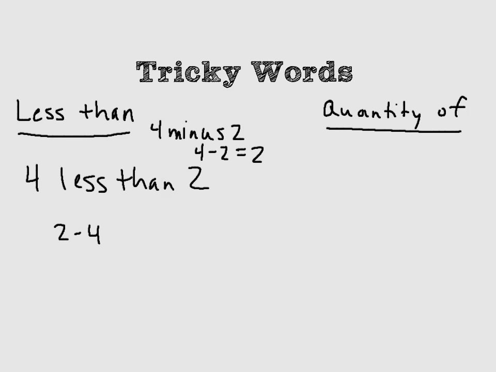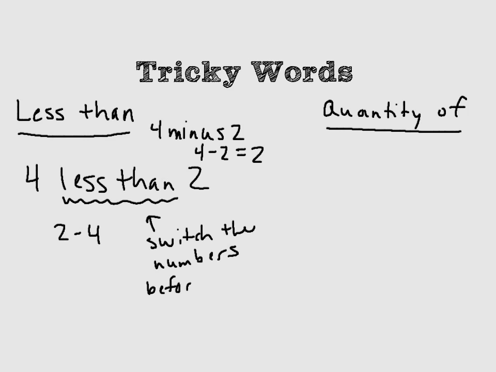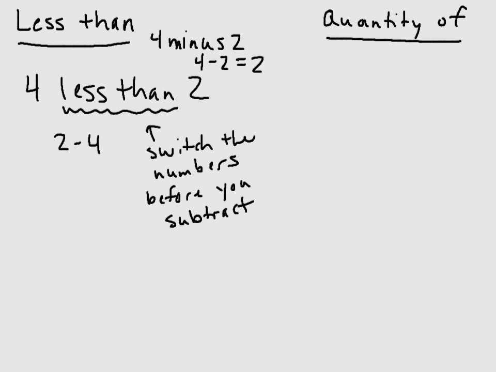So the reason why this is tricky is that you actually have to take your numbers when you're writing them down and switch them around. So less than tells you to switch the numbers before you subtract. Okay? Now, less than is not the only word that does that.